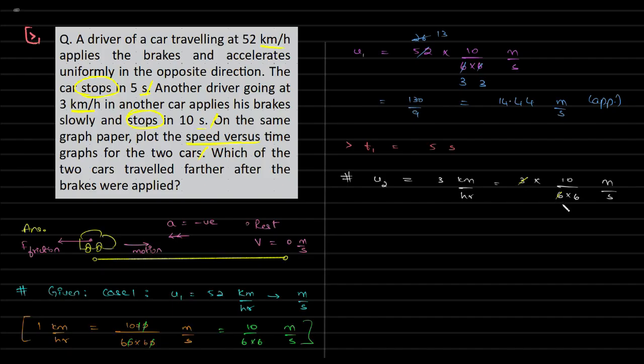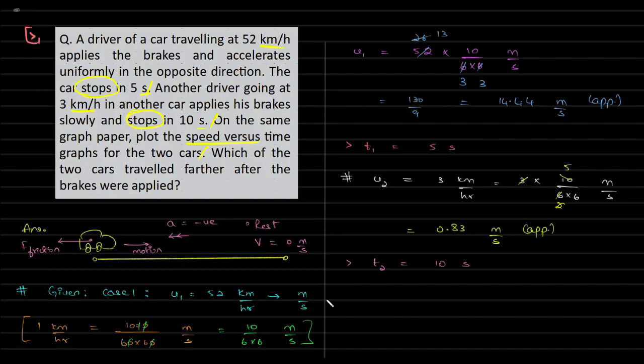So this would be 2 and 5, and this would be 0.68, 48, then 2, 3, 3, 3. So that would be so many meter per second approximately. And the time is 10 seconds. The person takes 10 seconds to get it to rest.